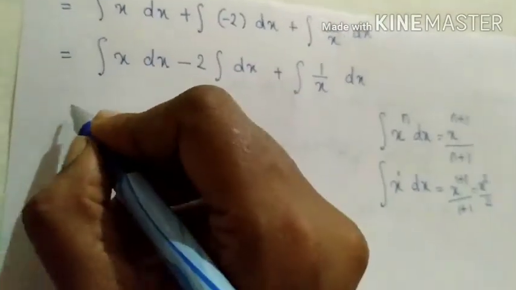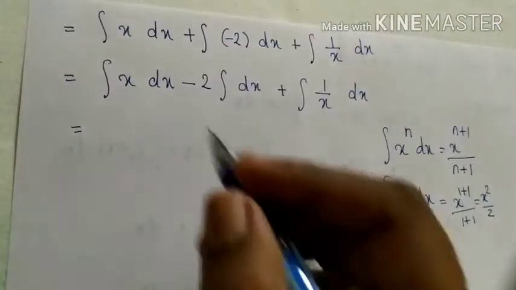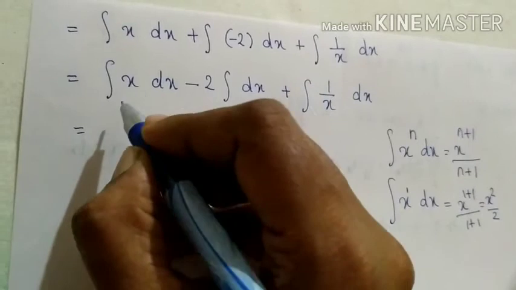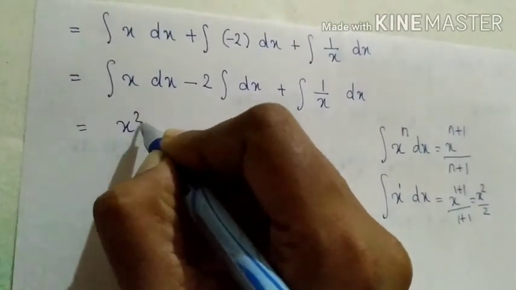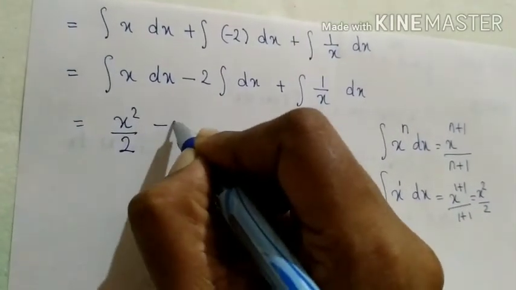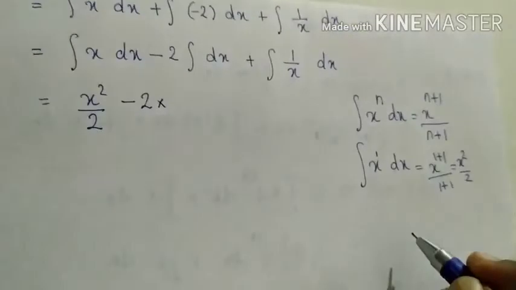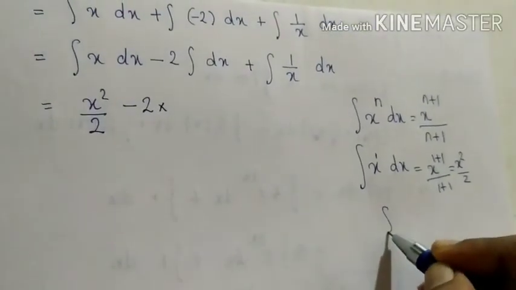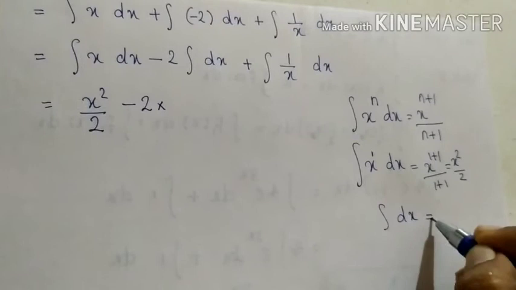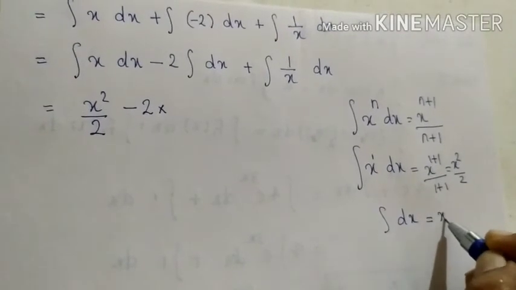So here we get the integral of x dx equal to x²/2, minus 2, a constant, times the integral of dx, which we know is x.